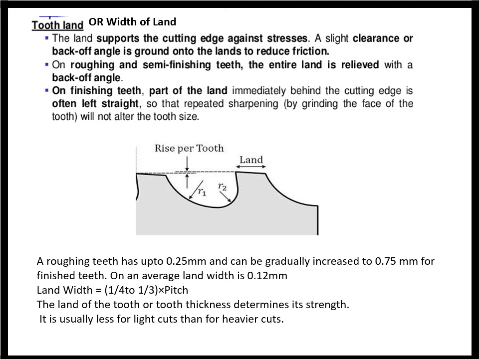Now, the general formula which is used to determine the land width is a value in between 1/4 to 1/3 of the pitch. The length of the tooth or tooth thickness always determines the strength, because these teeth are designed to take both heavy and light cuts.